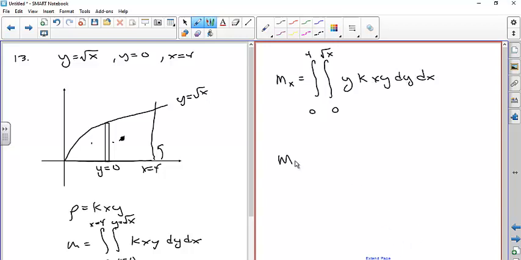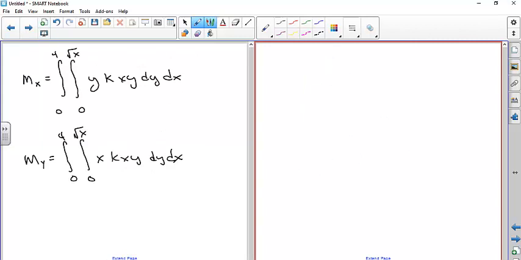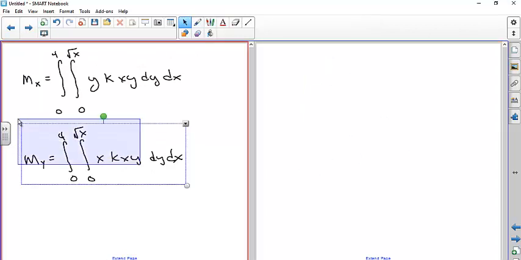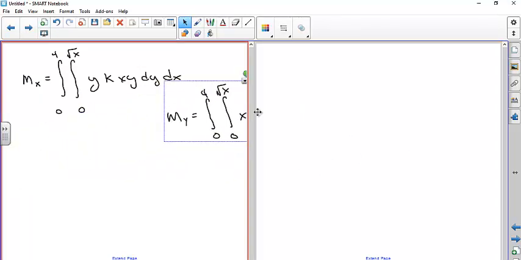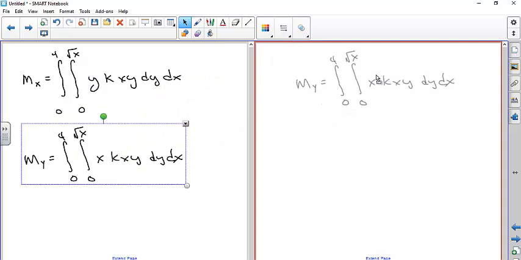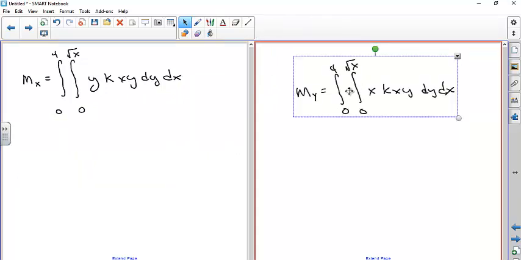The mass moment around the y-axis is the integral from 0 to 4, and the integral from 0 to the square root of x, of x times the density kxy, dy dx. So those are the mass moments, and all we have to do is figure out what those are, and then divide by the mass, which we calculated was 32 pi over 3. So we're going to do each one of these.